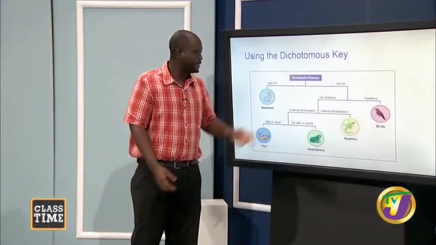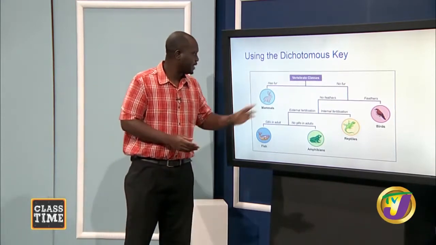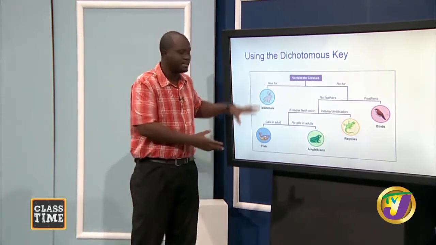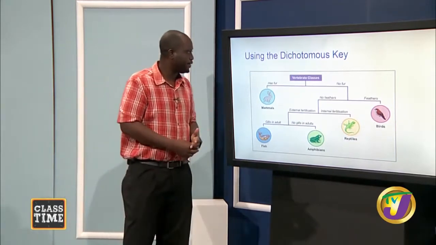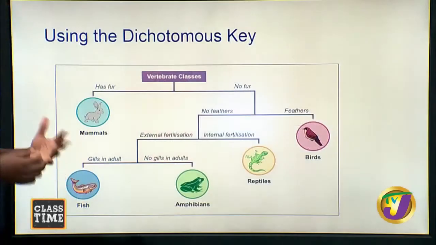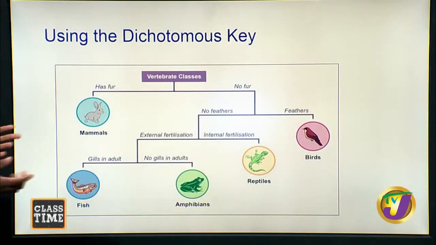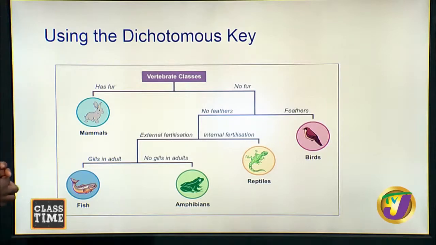So first, I see this organism I never saw before. Question asks, and these questions are in a database. Right? So one, does it have fur or no fur? If it has fur, then we know that it's a mammal. So right away you can go on to further studies to find out what type of mammal it is.